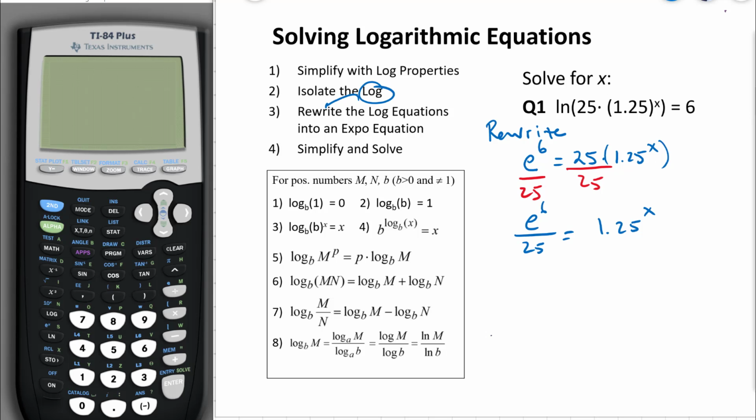Oh wait, x is an exponent in this expression. So this is kind of a combined problem here. And I can solve that now like we solved our exponentials before. I'm going to use a natural log on both sides, and that allows me to simplify the right side.